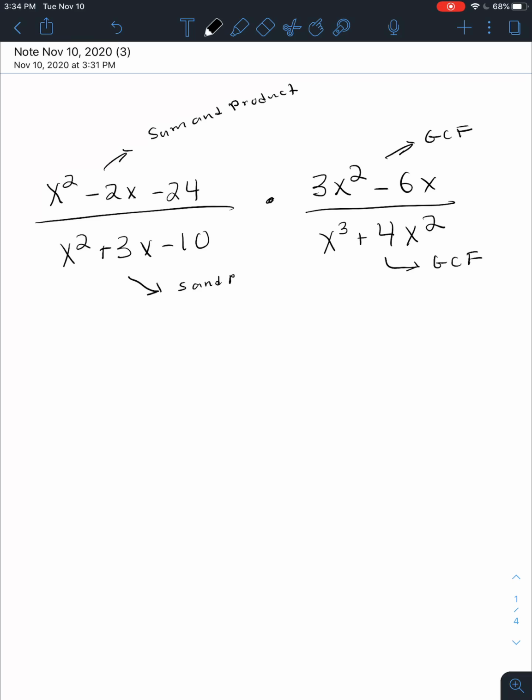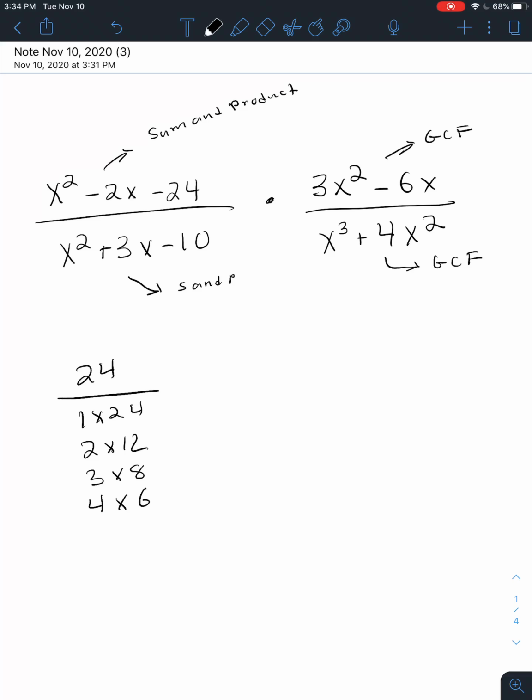So for the first one, what two numbers multiply to negative 24 and add to negative 2? If you're still struggling with this, it's okay. You just have to write a list of all the numbers that multiply to 24, and you can also use a calculator if you need it. So 1 times 24, 2 times 12, 3 times 8, 4 times 6. You could just take 24 and start dividing it by numbers.